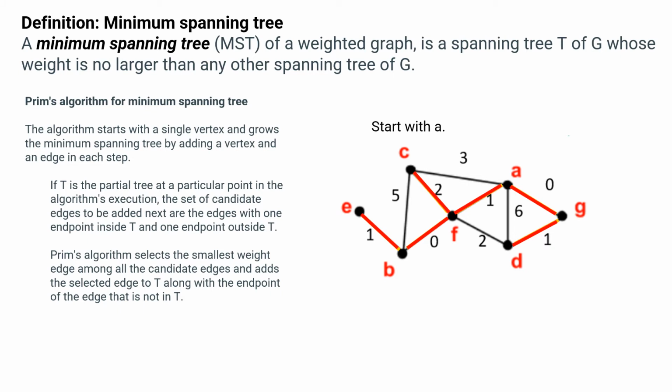Okay, now underneath it says if T is a partial tree at a particular point in the algorithm's execution, the set of candidate edges to be added next are the edges with one endpoint inside T and one endpoint outside T. So remember, when we first started with A, our candidate edges were all those edges that were connected to A. And so that would be one endpoint inside our tree, which was just that one little vertex A, and then one endpoint outside.